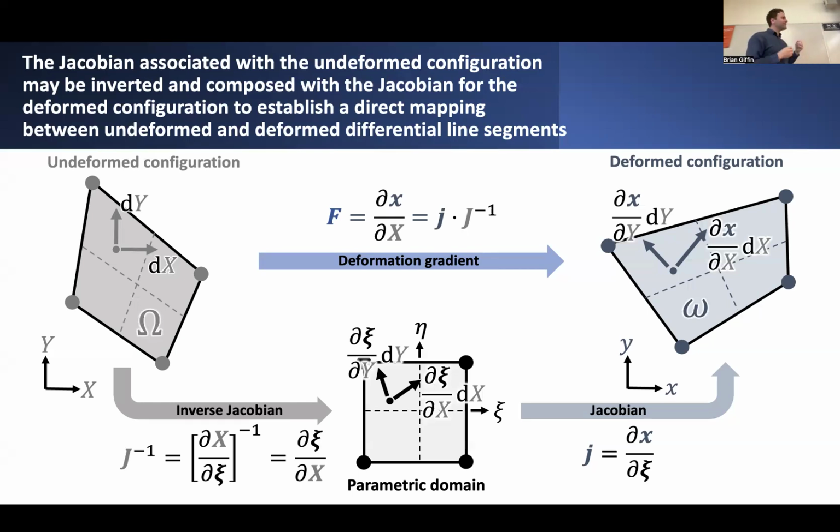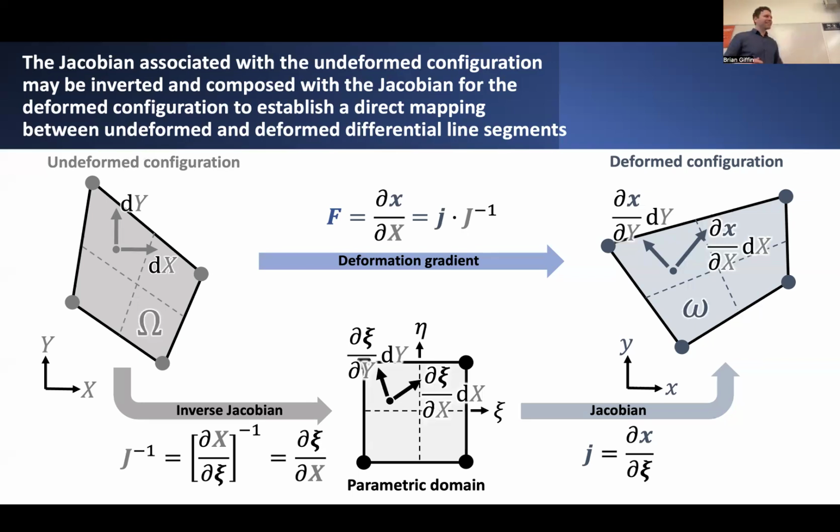With each of those configurations, we could associate some kind of isoparametric mapping, a transformation between these points in parametric space and the element's physical space, as well as a Jacobian. And the Jacobian gave us this mapping of not individual points, but rather how individual line segments might deform in being mapped from, let's say, the element's parametric coordinate domain into the element's physical coordinate domain.